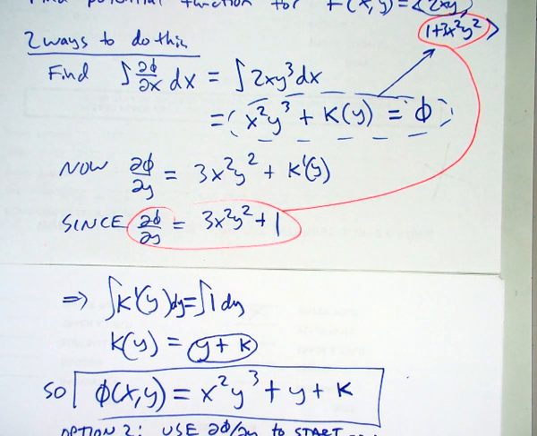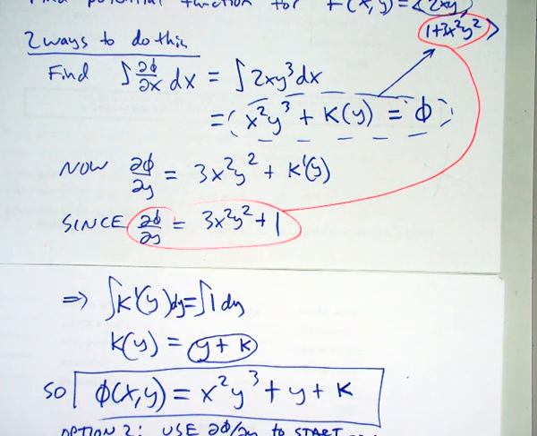When we first mentioned potential functions, we said that a vector field was the gradient of the potential function. And that's how we knew the vector field was conservative. So we found partial phi partial x, that was the x component. We found partial phi partial y, and that was the y component of the vector field. Oh, so you can't just take the integral to go the other way around. Right.